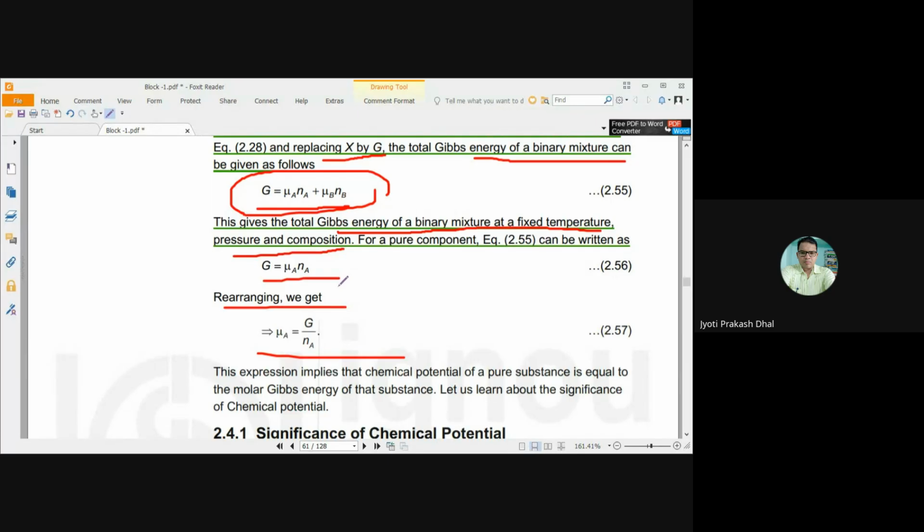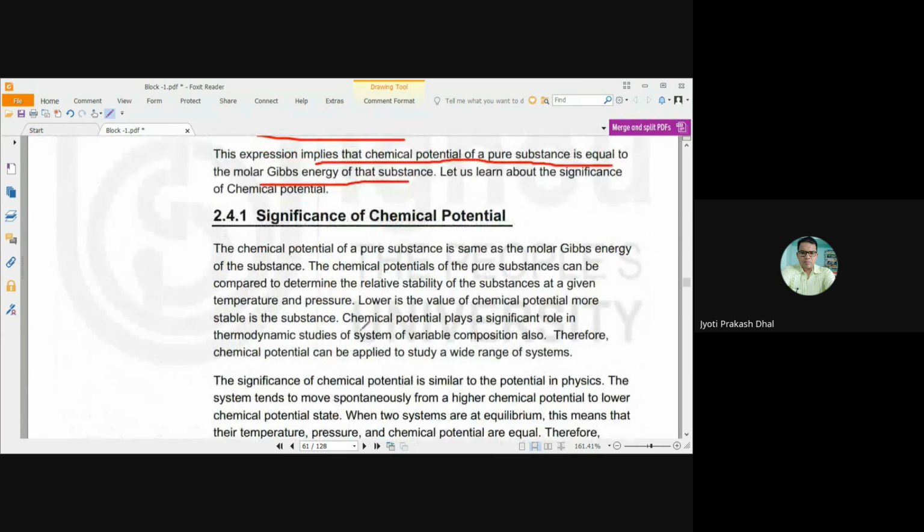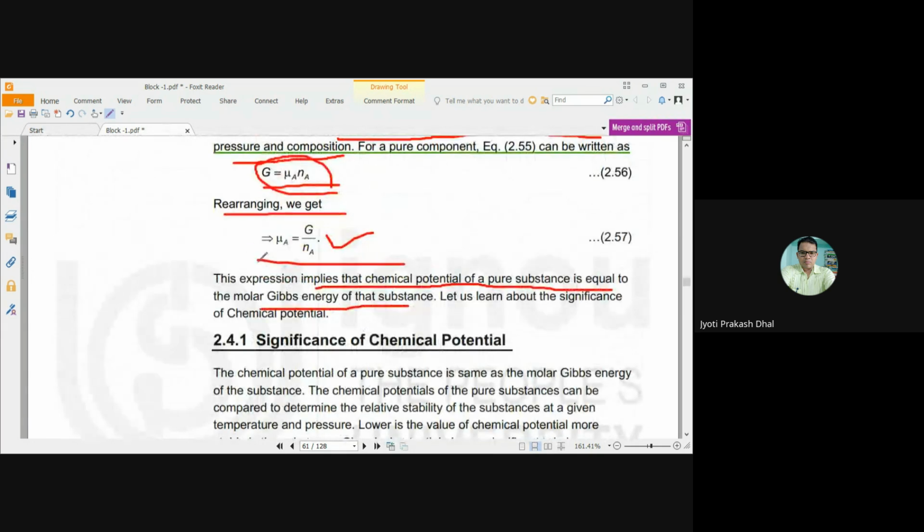And for a pure component, if only component A is there, G equals mu A Na, and similarly mu A equals G divided by Na. So this expression implies that the chemical potential of a pure substance is equal to the molar Gibbs free energy of the substance. That is called the chemical potential of component A, that is mu A.